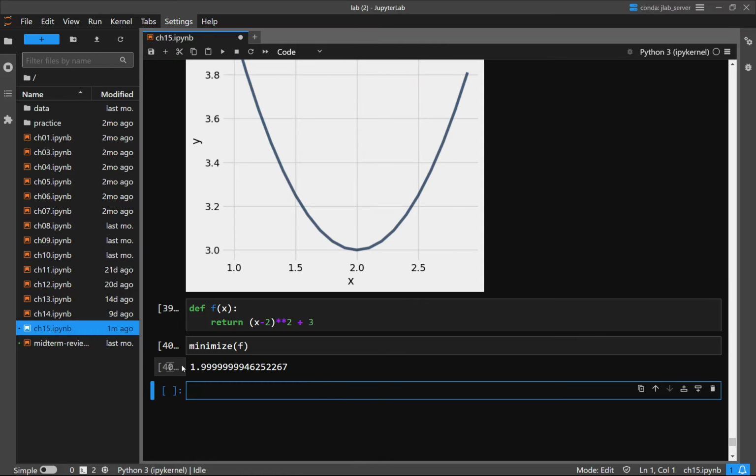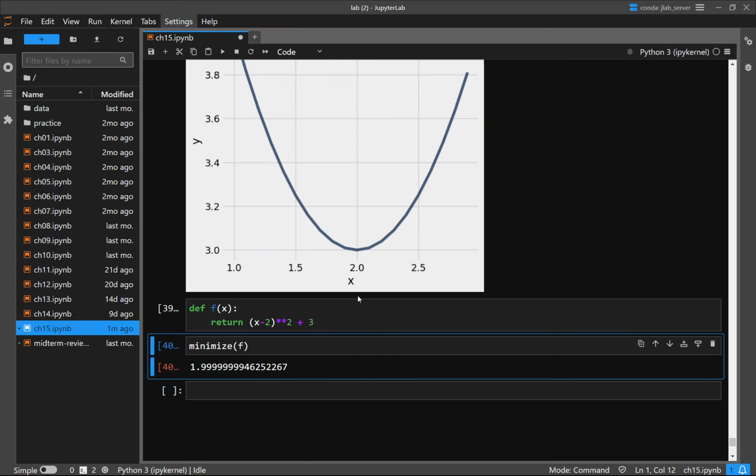It finds a value close to 2, with a few decimal places of precision. So it's found that 2 is the number that minimizes the value that f gives back. Isn't that cool? That's a lovely function that does that for you. It's very powerful. You know that there's some fancy calculus involved if you've taken a calculus class to find that.